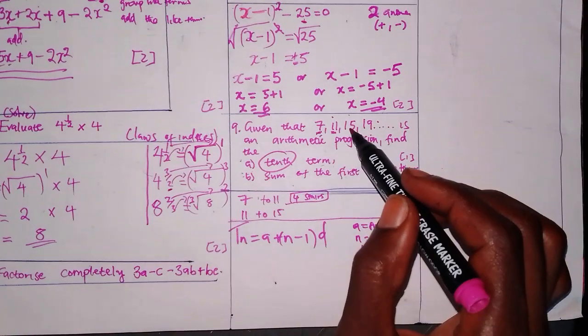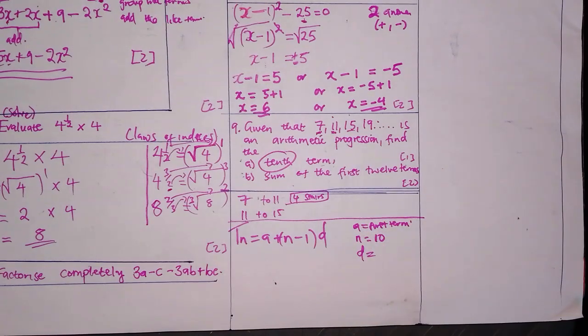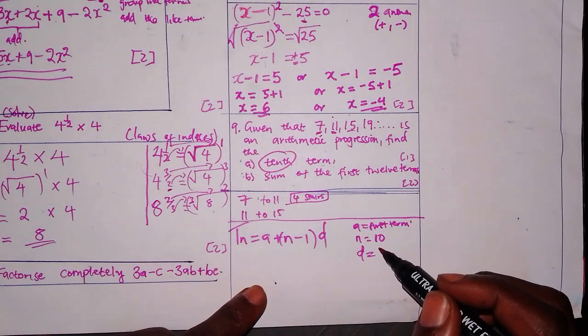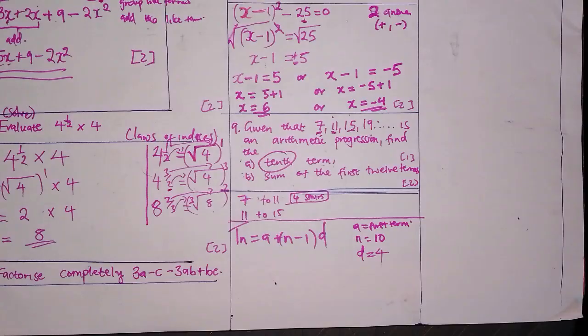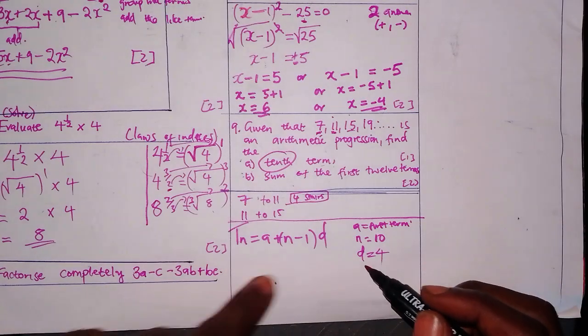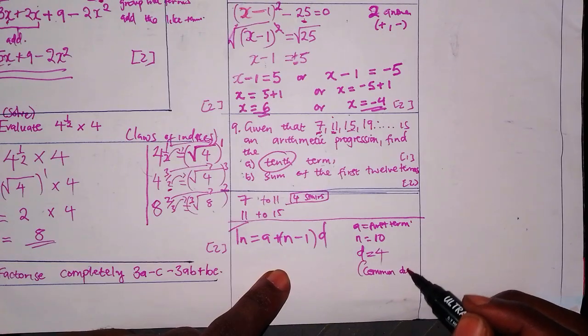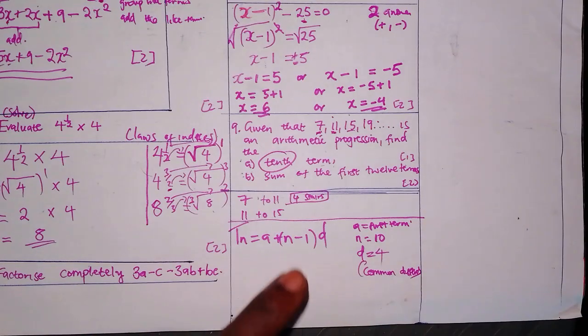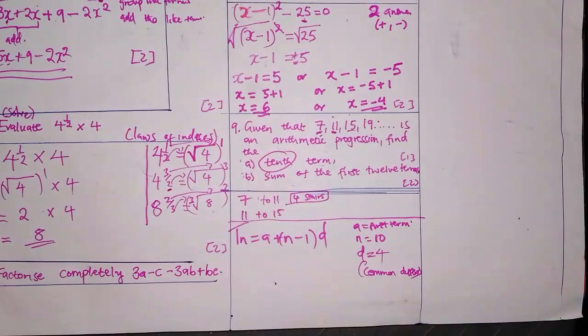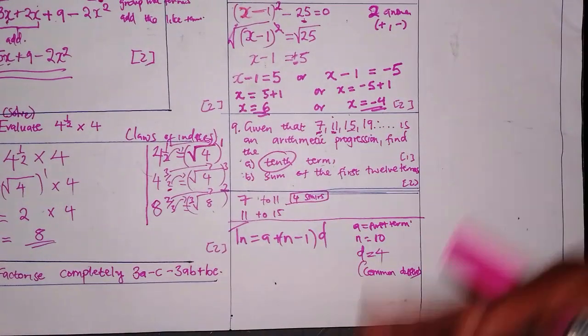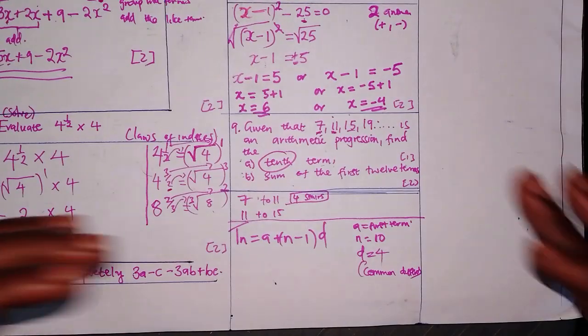Again, subtract 15 minus 11, which is 4. So 4 is our d, and it is known as the common difference, the difference among all the numbers in our terms. Yeah. So this is the explanation of the formula.